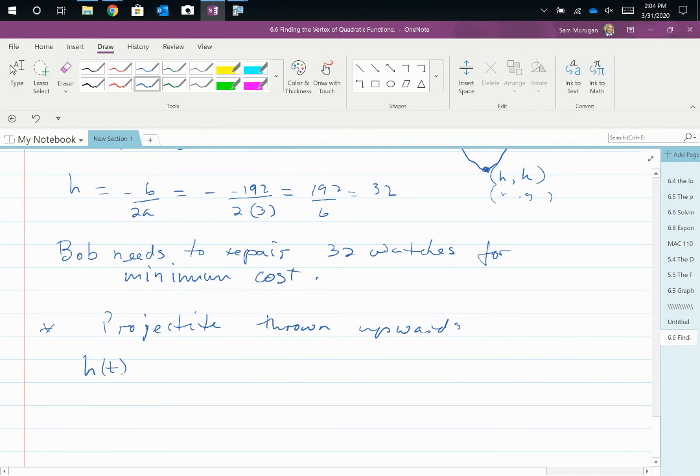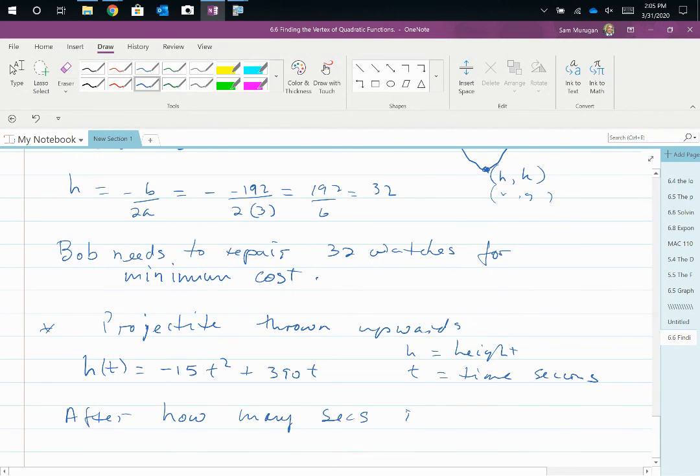The formula given is h(t) is equal to negative 15t squared plus 390t, where h is height and t is time in seconds. After how many seconds is the height maximum?